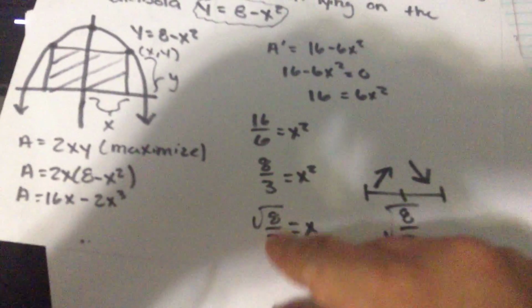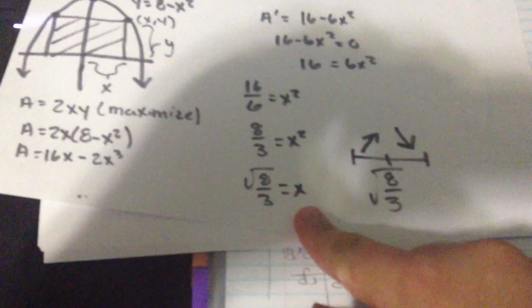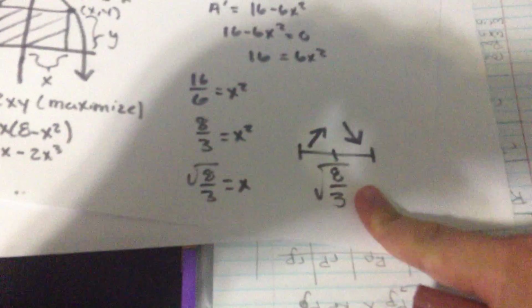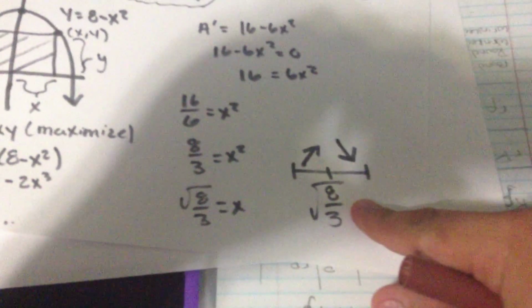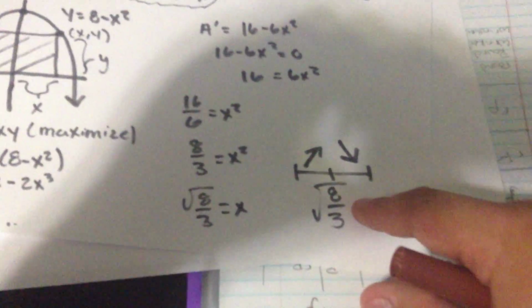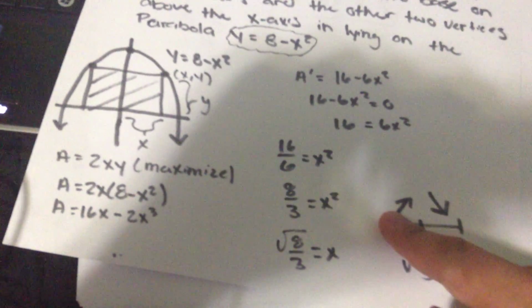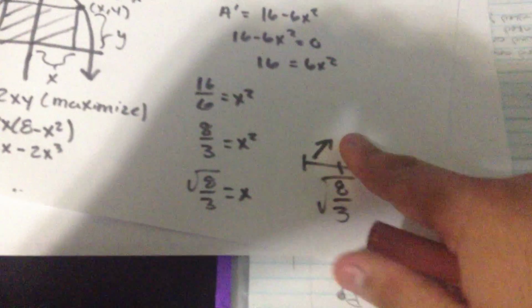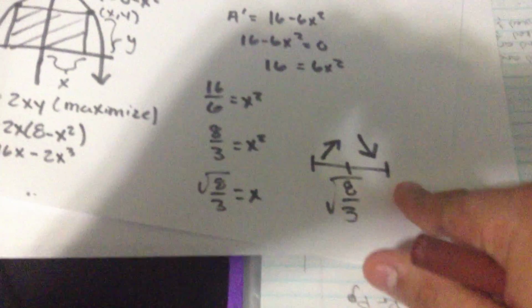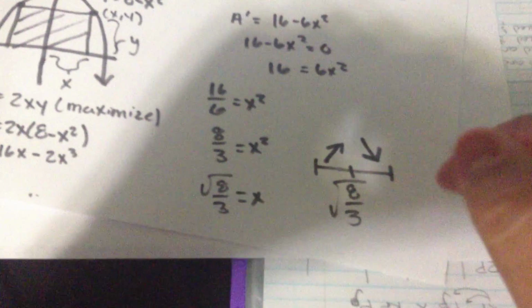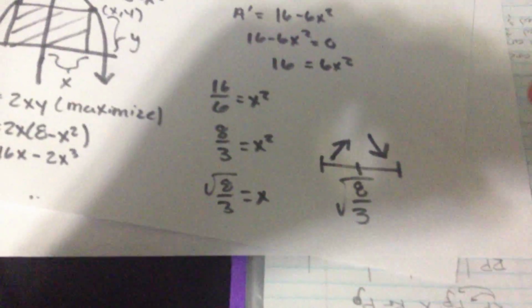No, this will be your maximum. So you would check with your sign diagram. So you plug it into the derivative, it'll give you a positive number and a negative number, which would tell you it's the maximum.